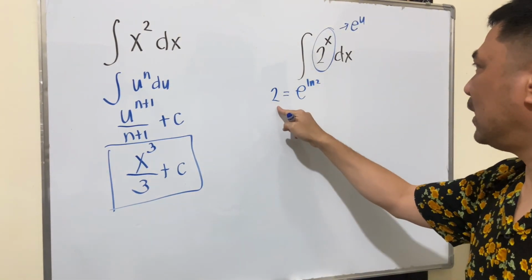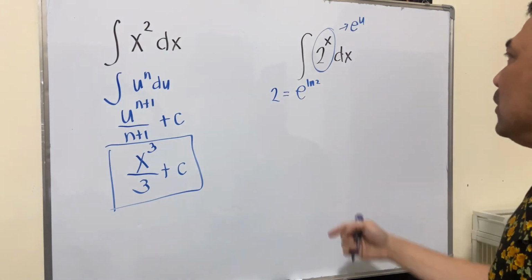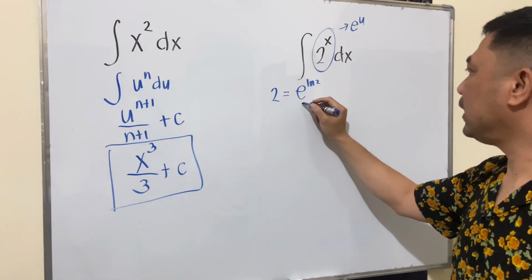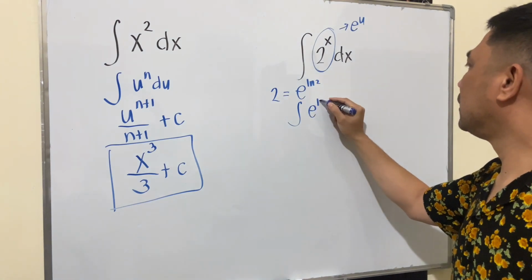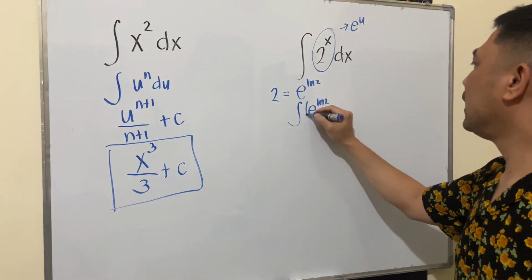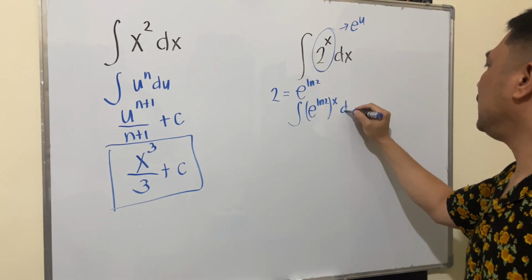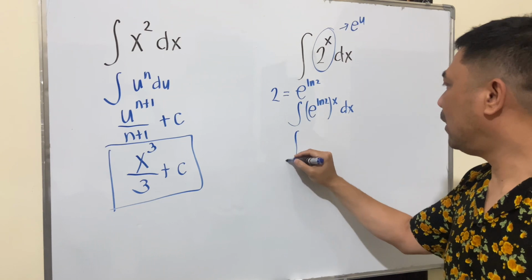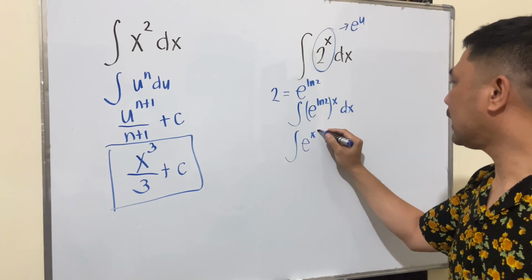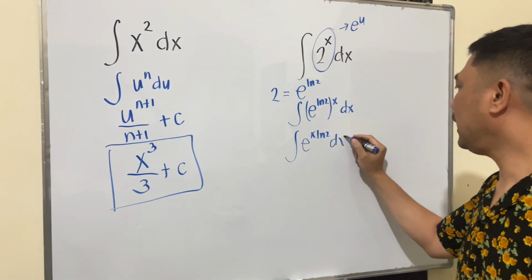Okay, let's take that 2 is equal to e raised to ln 2. Substituting that here, you have e raised to ln 2, raised to x dx. As you can see here now, you have e raised to x ln 2 dx.